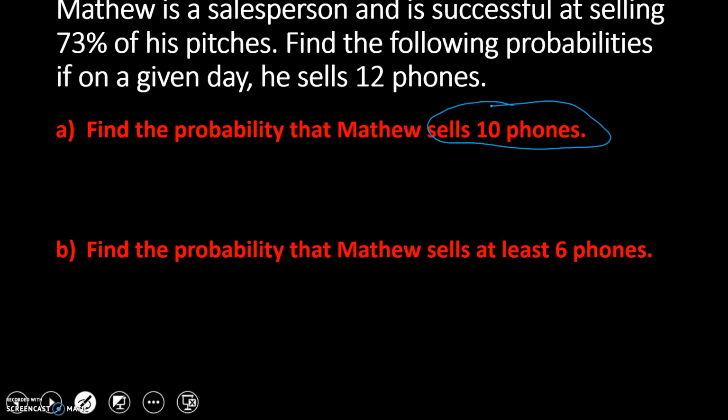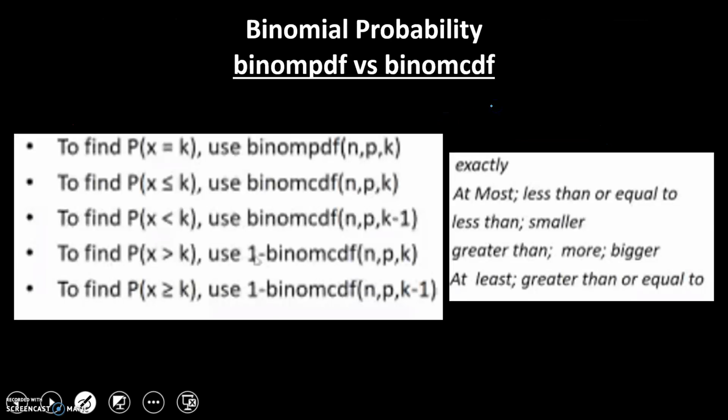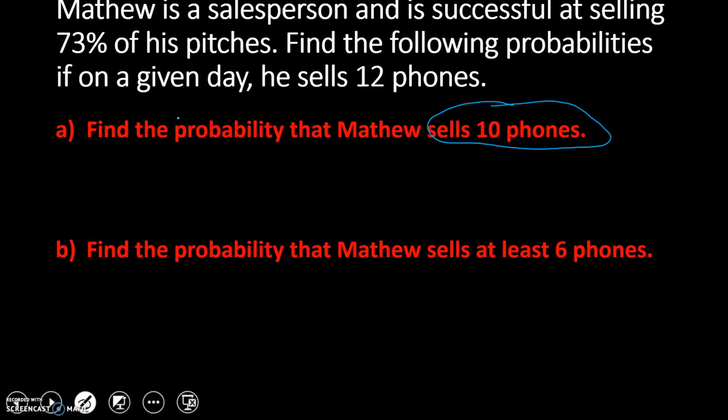Based on our equation sheet, it's exactly equal to 10, so we're going to use binom PDF: binom PDF of 12, 0.73, 10.